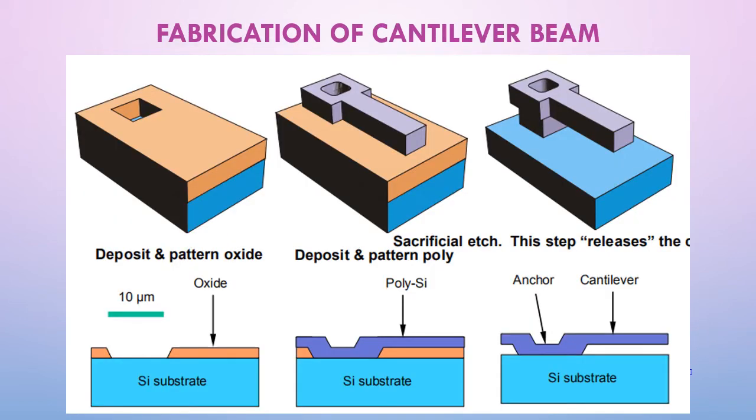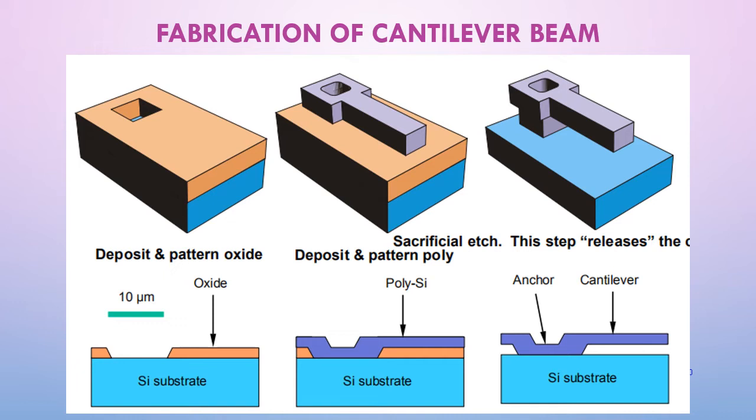Here is an example of fabrication of a cantilever beam. First, the oxide pattern, which is the silicon oxide, is deposited on the surface, and then the pattern for polysilicon is deposited, so that you will get the final product.